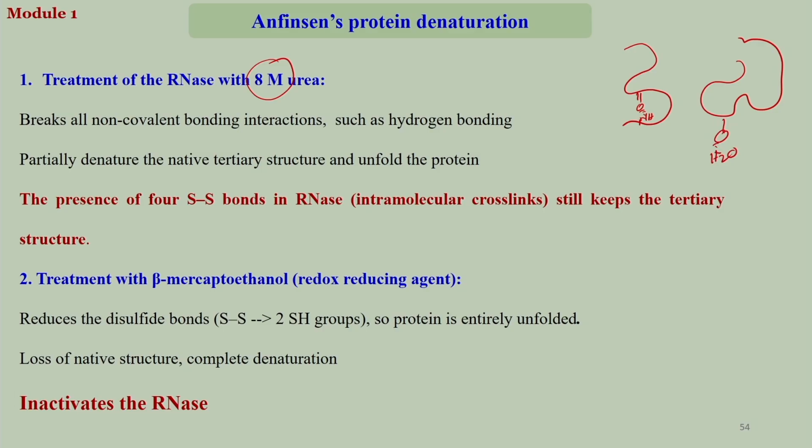So, lots of hydrogen bondings will be present for the tertiary structure of the protein itself as well as the secondary structure of the protein. So, urea will break all the hydrogen bonding interactions.